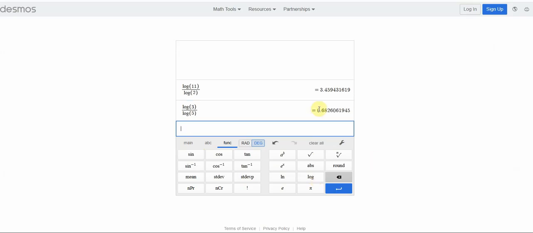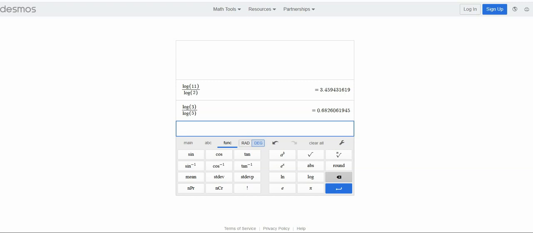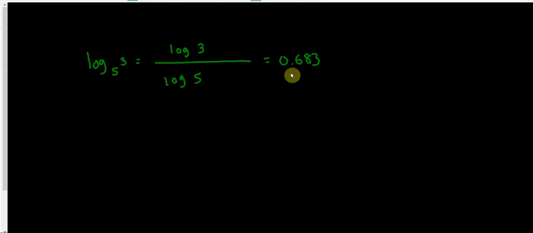And so 0.683. Did I type the right thing? Yeah. Okay. That's not that difficult, but if I need to find the actual values of my logarithms, I'm going to have to use this change of base formula and plop it in my calculator, because I'm not going to know these in my head.